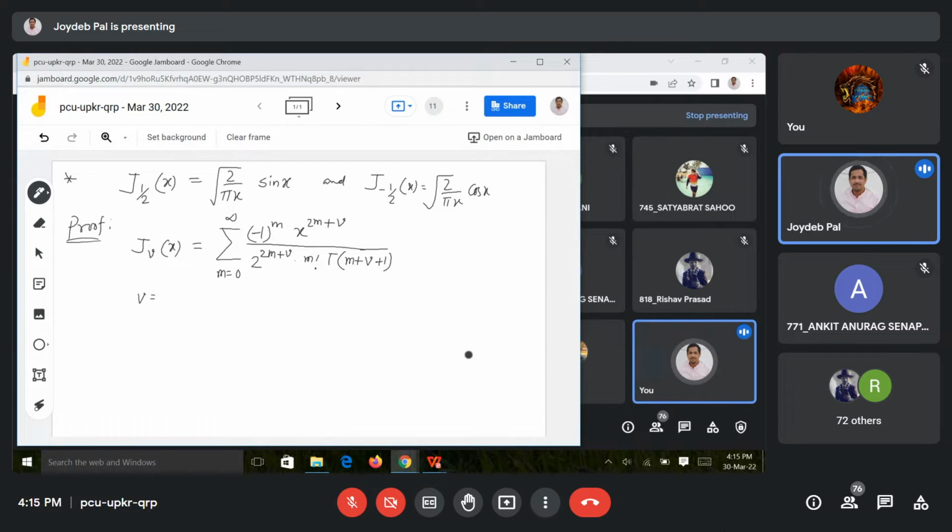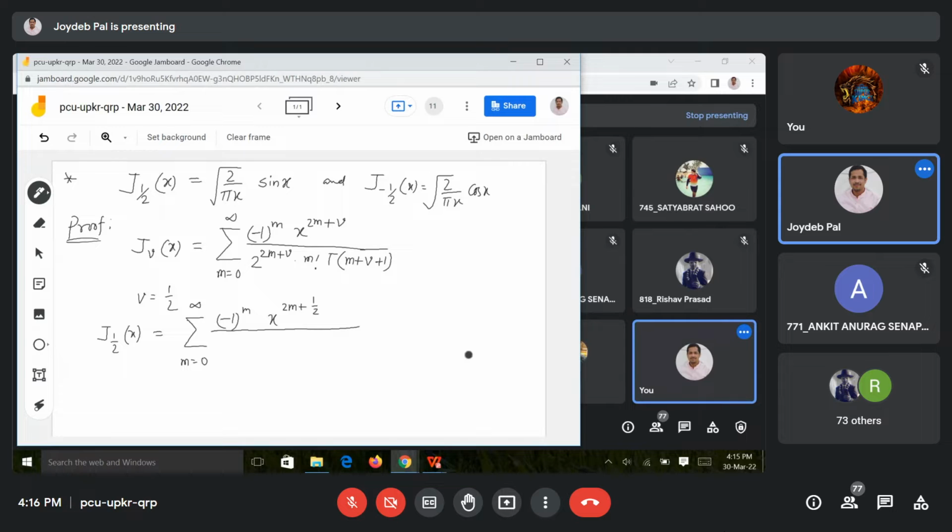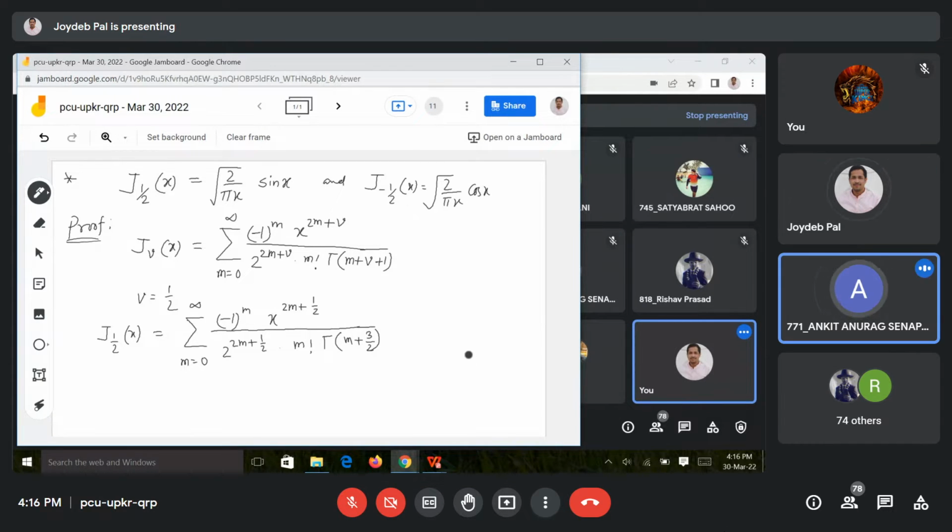Therefore, J half x will be, sum m from 0 to infinity, minus 1 to the power m, x to the power 2m plus half, divided by 2 to the power 2m plus half, then m factorial, gamma of m plus 3 by 2. This one.